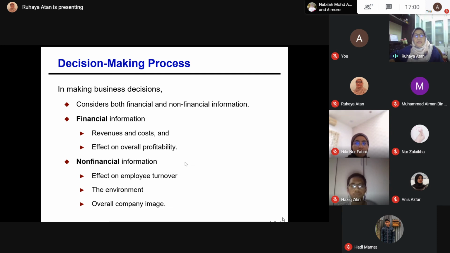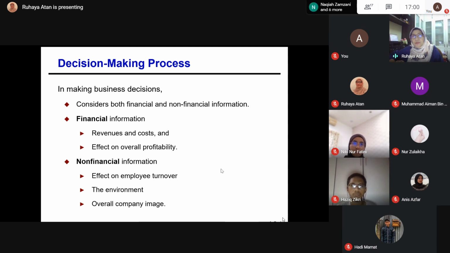In making a decision, you also need to consider the non-financial information, such as how it affects your employees. If you close a division or a section, you will also terminate your employees. So what is going to be the effect on them? And the environment as a whole, and also your company image. Sometimes your company is very well known for selling certain products, and even though the product is not doing well, you still want to retain it.